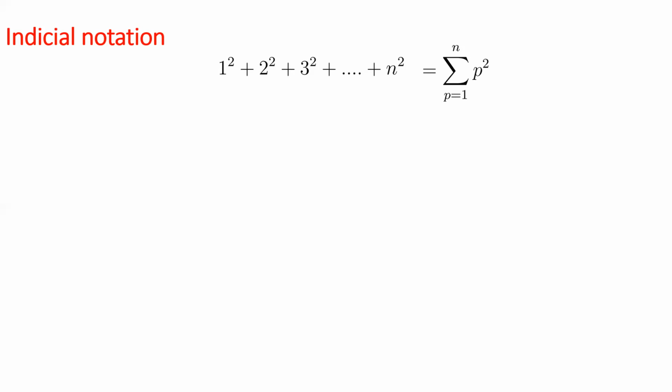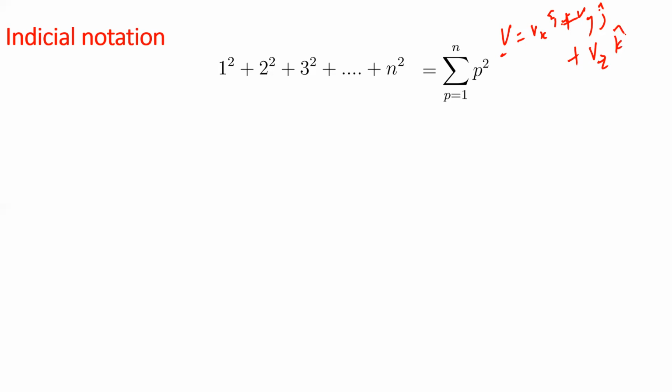Likewise, in mechanics and to some extent in electromagnetics as well, people use this short form notation, and that short form often comes in the form of indices, because we have vectors. When we write a vector v, you will write it as vx i hat plus vy j hat plus vz k hat.